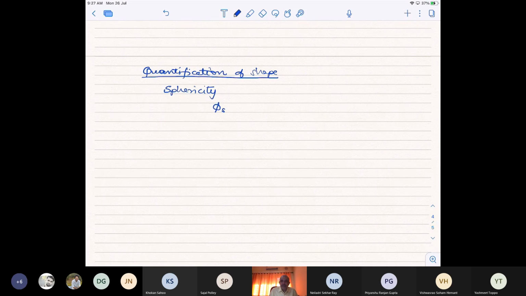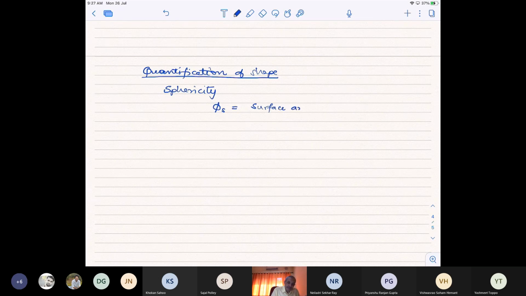So has anyone come across this term before? Sphericity? Nobody? We'll go into it in more detail next time, but I'll just say that it's just a measure, a ratio of surface areas.